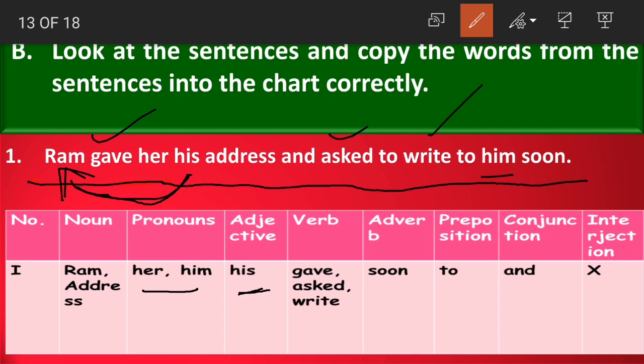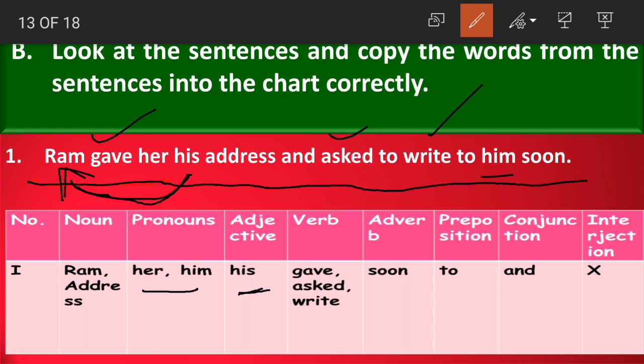These three are action words, that's why they are verbs. Adverb is soon, because this is supporting the verb, like giving soon, asked to give it soon, write soon. All these three actions depend on this soon. That is why soon becomes an adverb here. Preposition is to.